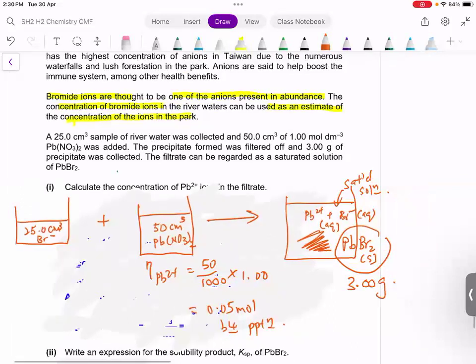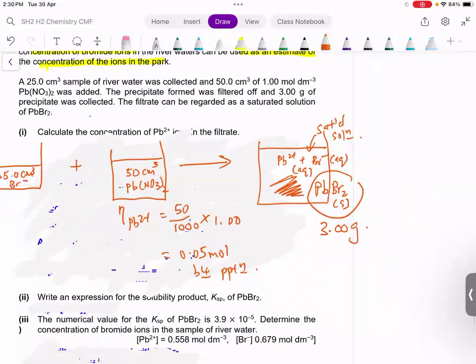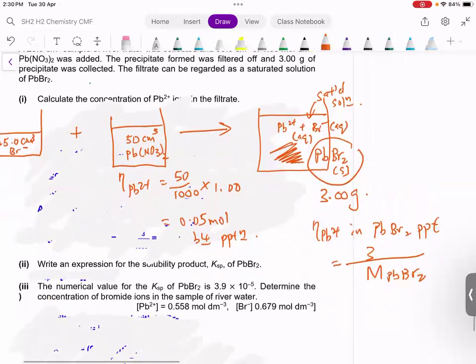So how does that help me determine the lead 2 plus in the filtrate? To determine the number of moles of lead 2 plus in the PPT, it will be 3 divided by the molar mass of lead bromide.